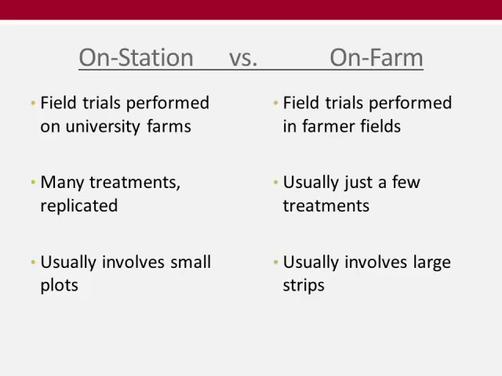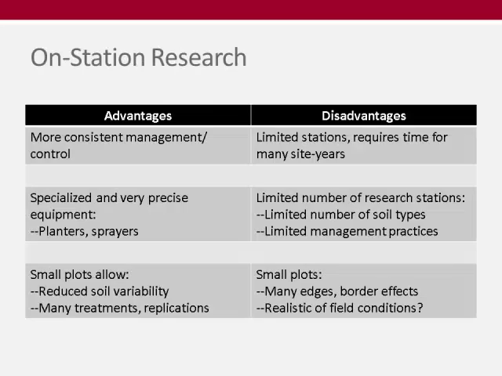And because we're scaling, we don't have fancy little 2-row combines. We've got larger field-scale equipment, so typically the area of those plots or test strips is going to be bigger, right?